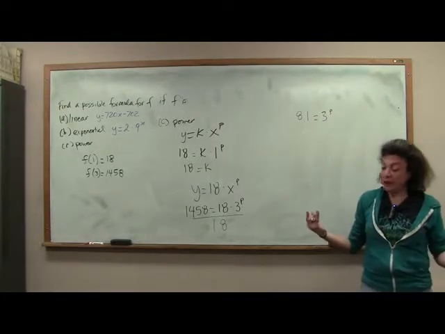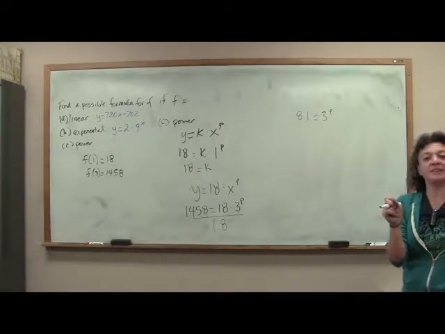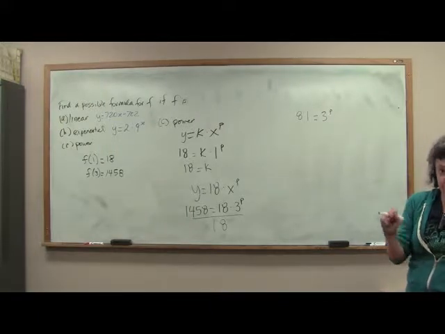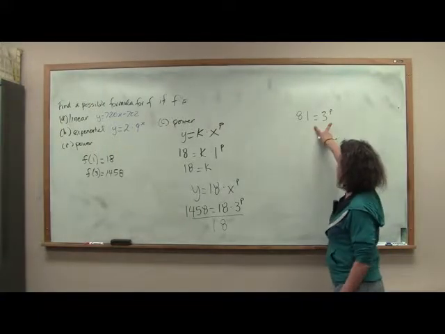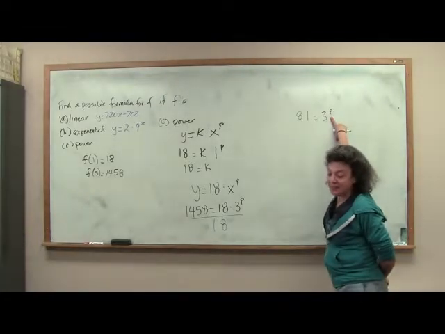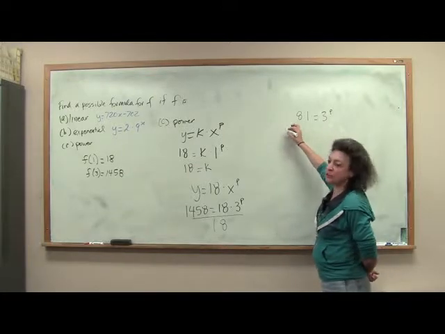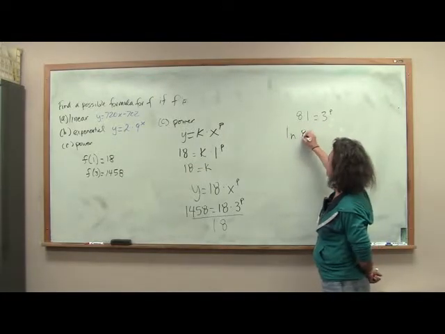Now, you might know that 3 to the 4th power is 81. Let's pretend you didn't know that. When you're solving something like this and you want to get your exponent, that is when we use our logs. Okay? We can take the log or the natural log of both sides.